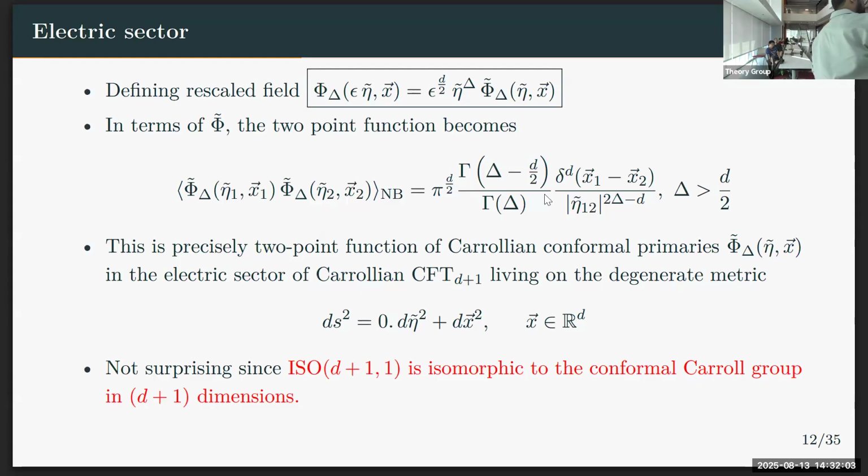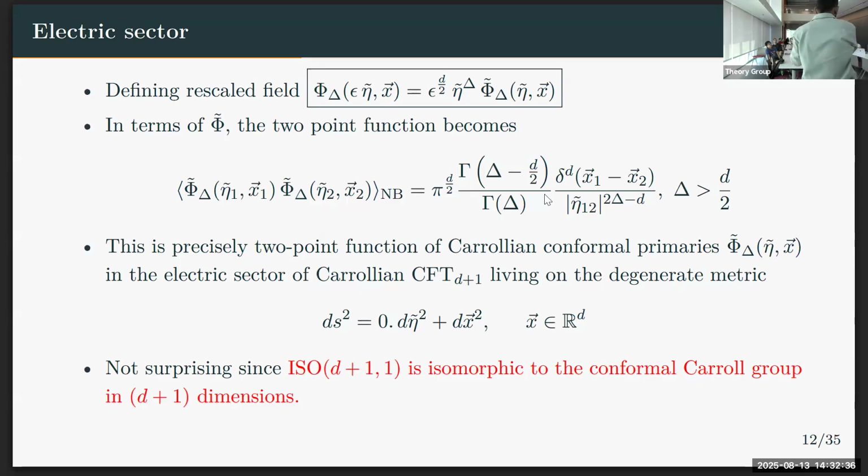If you are not aware of Carrollian CFTs, they are those CFTs which live on Carrollian manifolds. Basically, Carrollian manifolds are degenerate manifolds like this, and they have some additional structure. Why this is relevant is that null infinity, which is the boundary of asymptotically flat space-time, is a Carrollian manifold. Therefore, another way of doing flat space holography is to take the conformal field theory defined on these Carrollian manifolds. So that's where it comes into the picture.